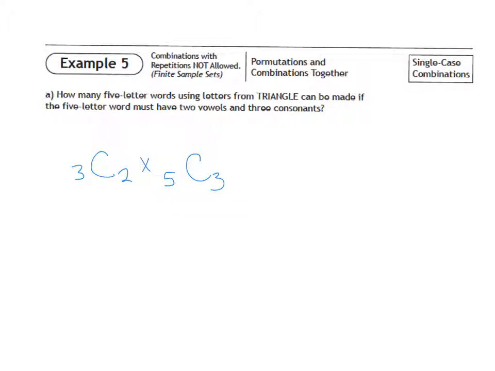Now we need to look at how many ways we can arrange them. So choose the vowels and choose the consonants and arrange them. So how do we arrange those 5 letters that we've now chosen? 5 factorial or 5 pick 5? And that works out to 3,600.